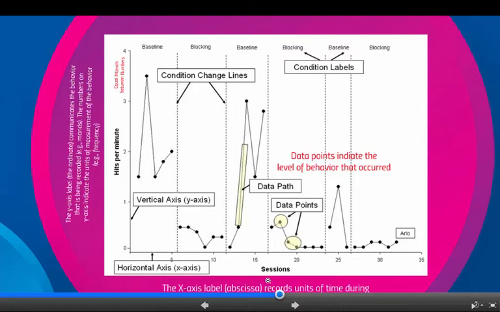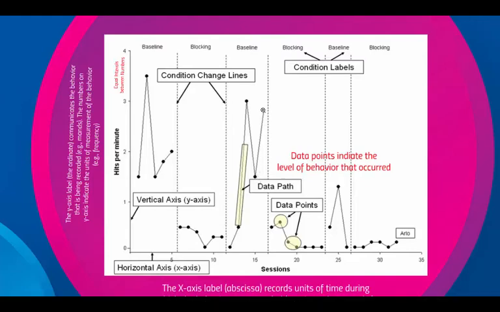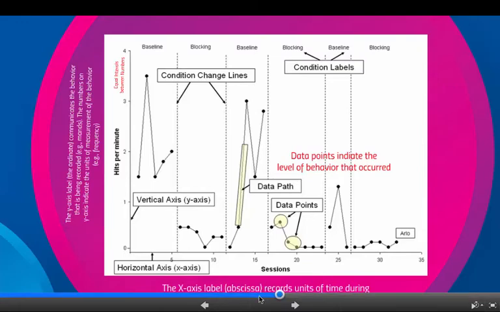But if it's an open circle, it will designate or represent yet another behavior. But those are the data points on the graph. And then when we connect them, we create what's referred to as a data path. So right here, I'm looking at a data path. And this is something very important to us. And we'll be discussing a little bit more later on because it has great relevance in terms of how we go about doing our analysis.